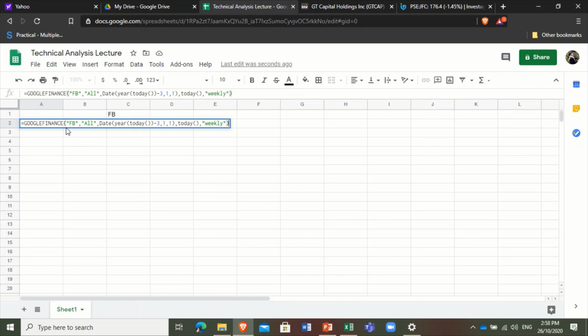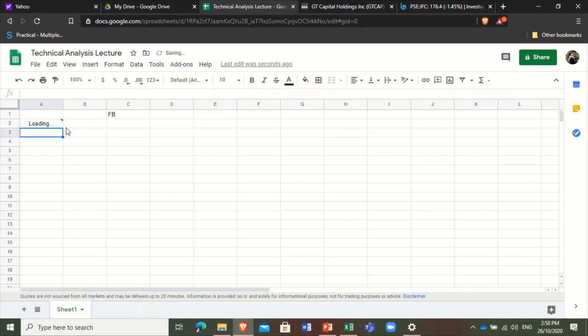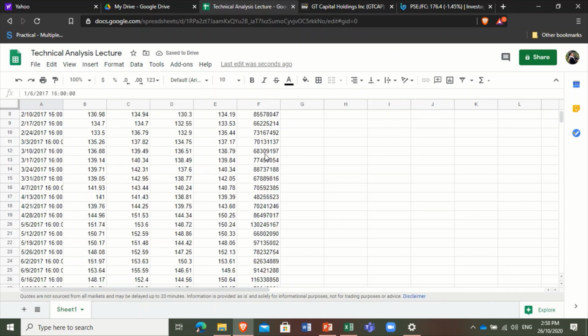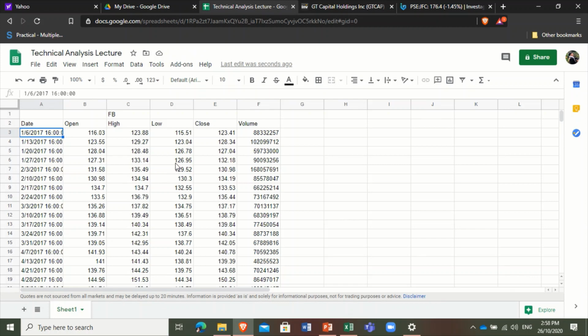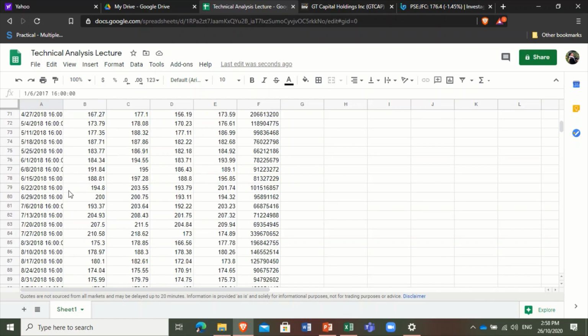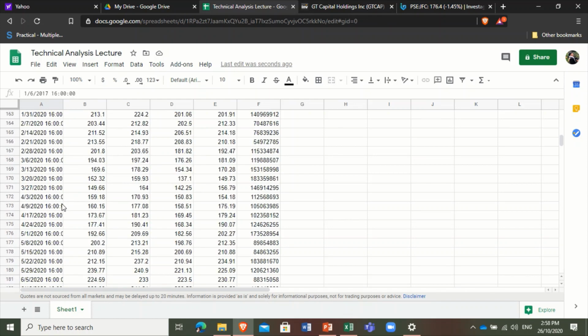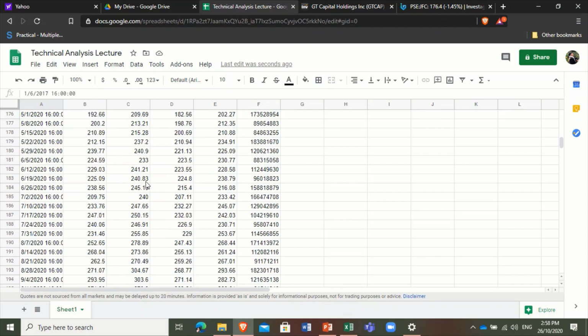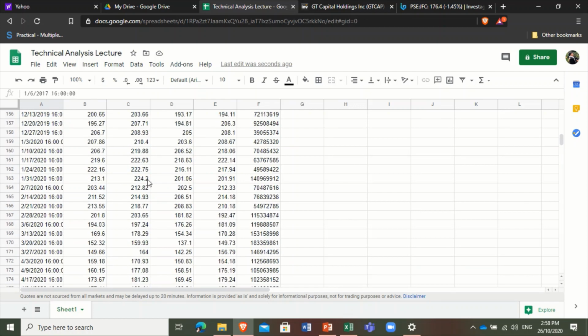Okay. And then, close parenthesis. Loading. There you go. So, lilitaw na yung stock prices niya magmula 2017 hanggang 2020, and from there you could already create a stock chart here using the Google Sheet.